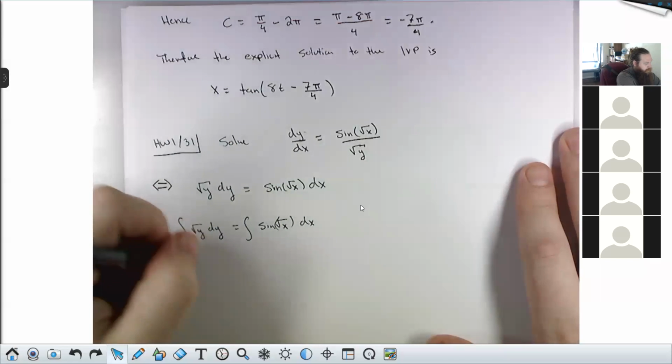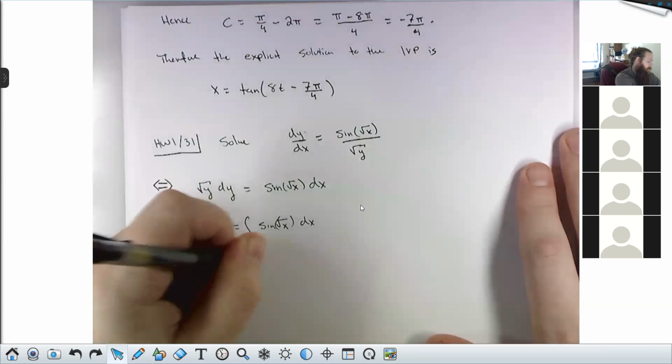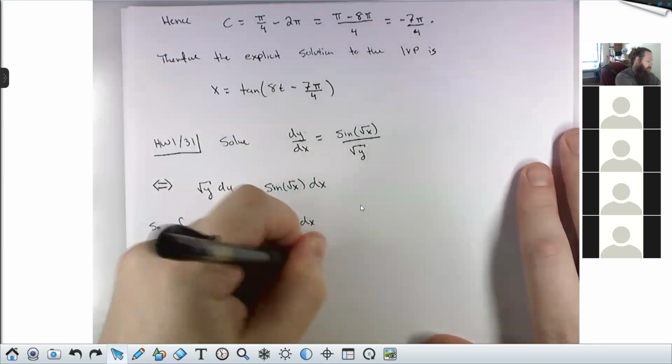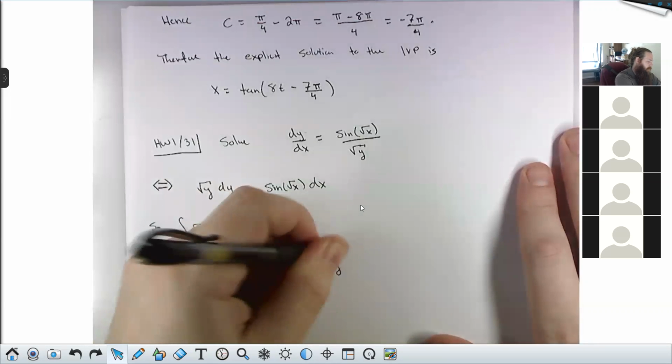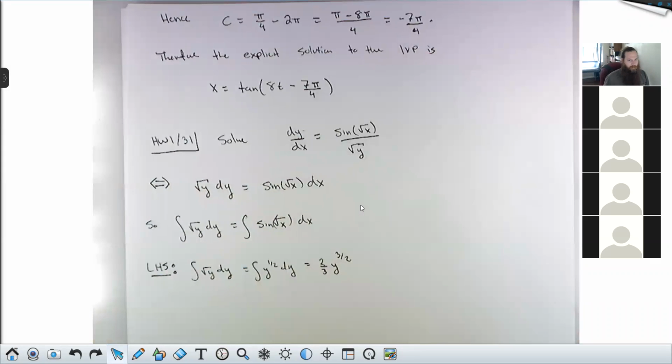Integral root y dy is integral y to the 1/2 dy, which is 2/3 y to the 3/2. I'm going to leave off the plus c here. We'll just take care of it at the end. So that's my left-hand side integral. What about my right-hand side integral?